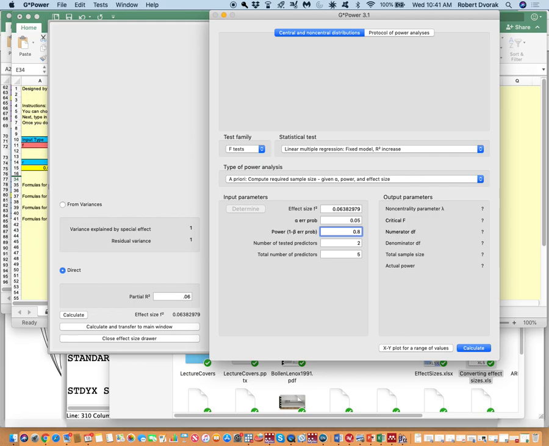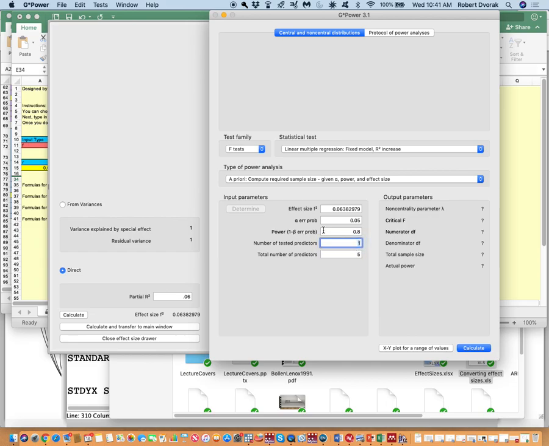Alpha of 0.8. So number of tested predictors, we're just looking at one, right? And let's say that we have 5 other predictors in the model that are accounting for other proportions of that variance, right? Maybe it's covariates or something along those lines, but we're really interested in this one predictor.